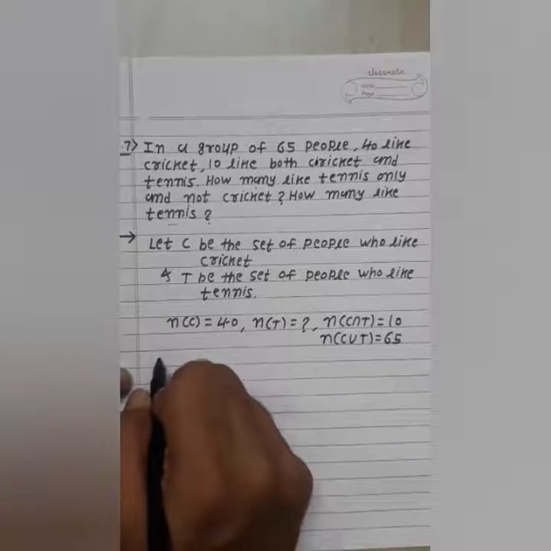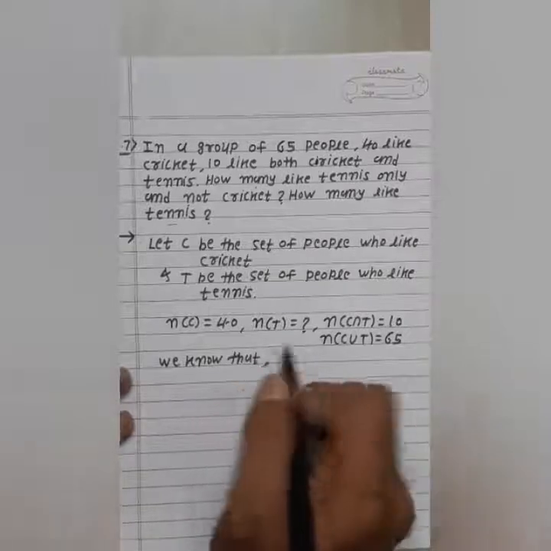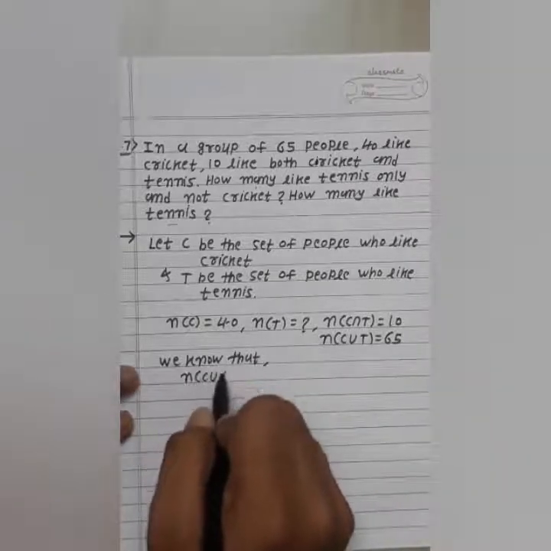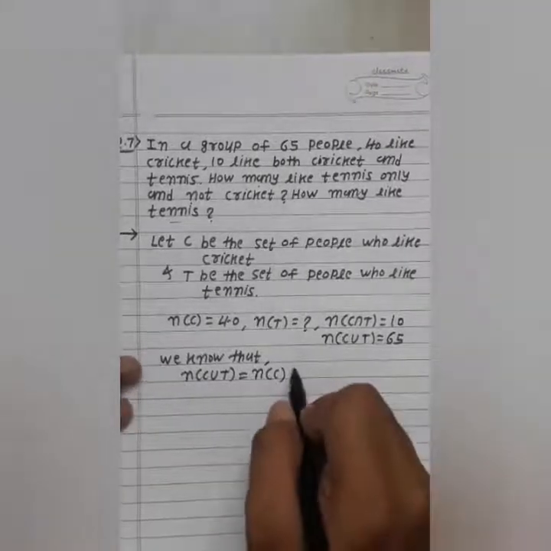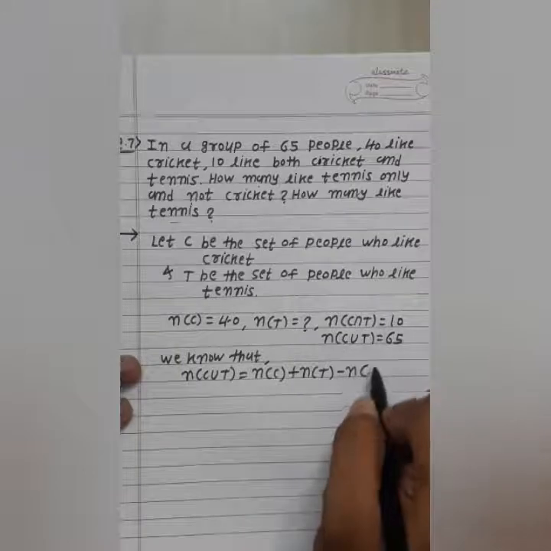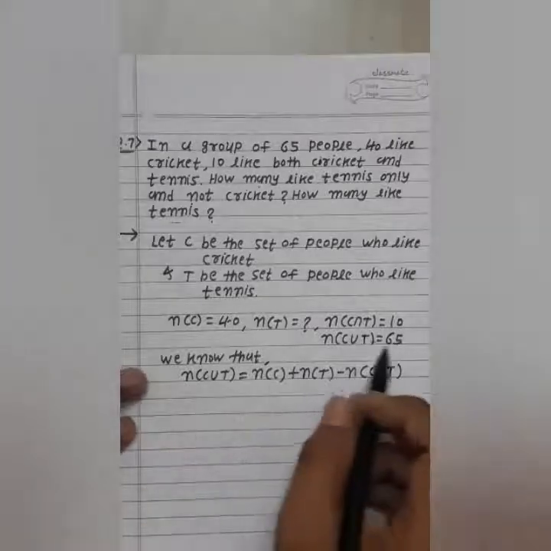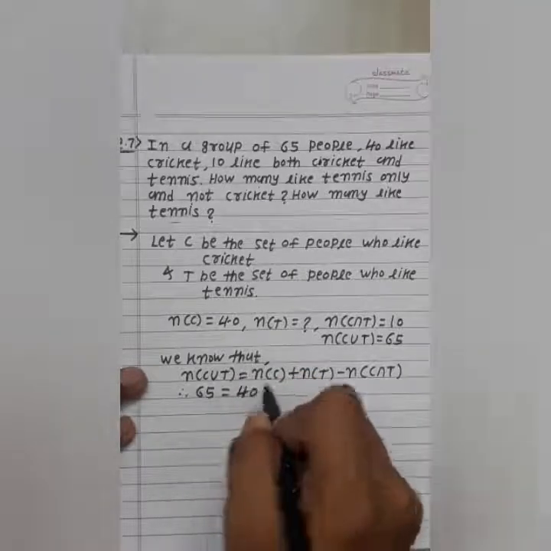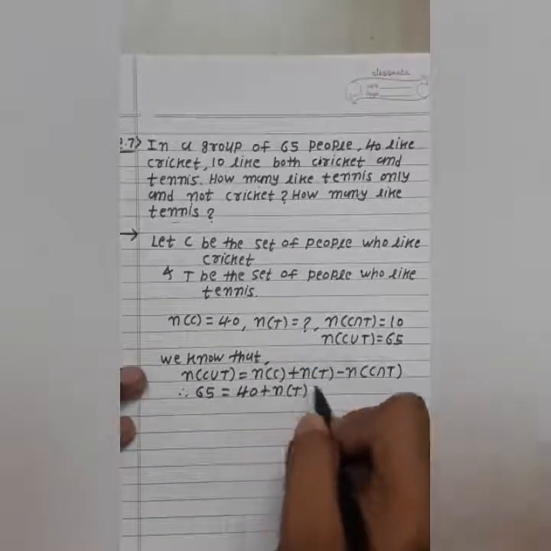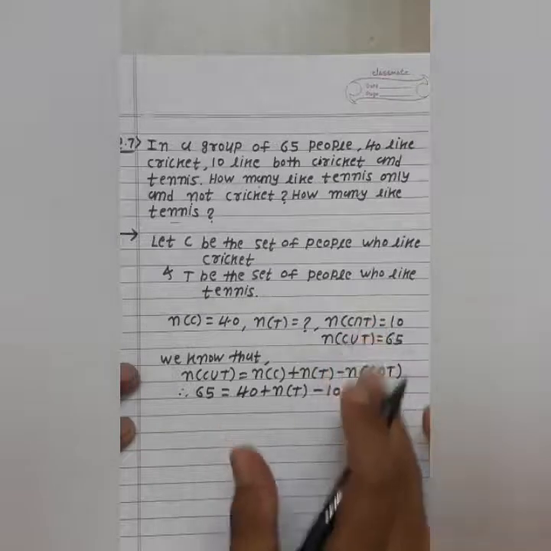So again, first of all, we use the same formula. We know that n of C union T is equal to n of C plus n of T minus n of C intersection T. n of C union T is given here as 65, which is equal to n of C, 40, plus n of T, which we have to find out, minus n of C intersection T, in place of which we write 10.